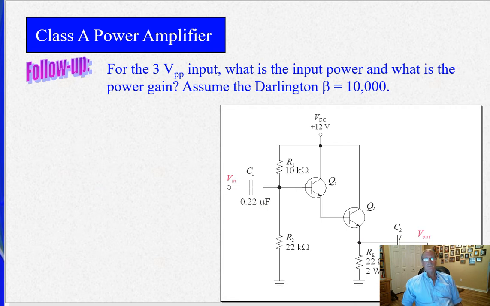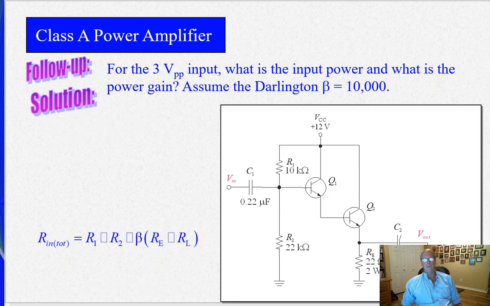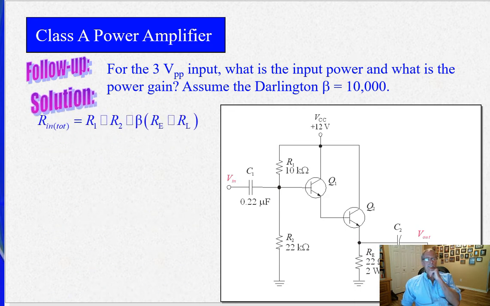Here's another little example, a little follow-up. If you have this Darlington, if they say it's 10,000 for the combined beta, the total input resistance, which we went over during the last lecture, is the two bias resistors in parallel times beta times the parallel resistance of the emitter resistor and the load resistor. Remember, these are in parallel essentially under AC conditions, particularly because this capacitor shorts out.